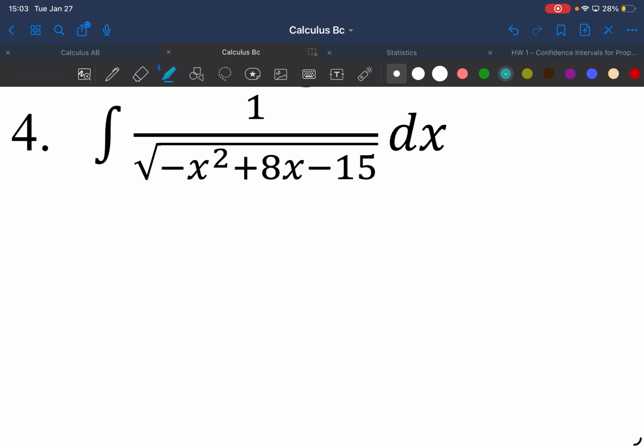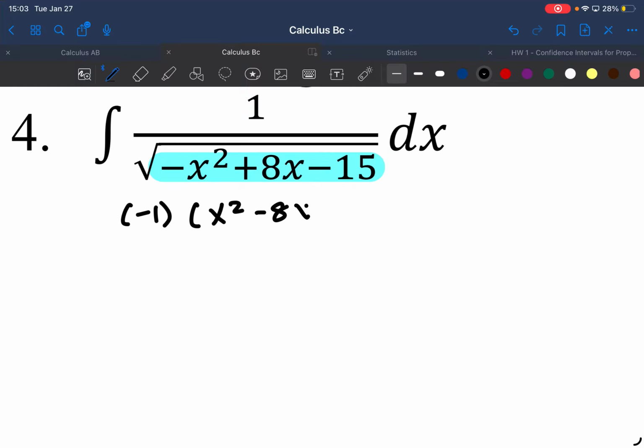And we want everything in terms of u. So I'm going to look at this polynomial, and I'm first going to take out a negative. It's yucky completing the square with a coefficient in the front, so I'm just going to take out a negative. So when I do that, I'm left with x squared minus 8x plus 15. I'm just changing all the signs.